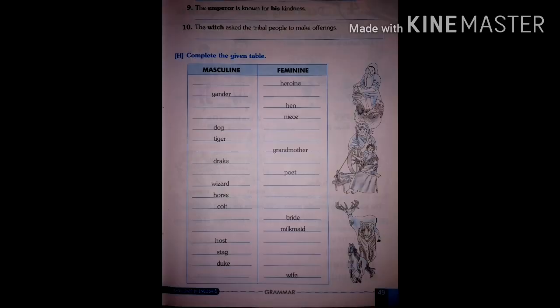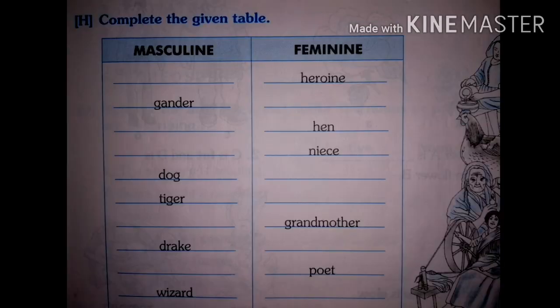Let's do the next activity in your textbook. Complete the given table. Here you can see a table. Left side masculine gender, right side feminine gender. Masculine means male, feminine means female. You need to find out the missing noun. Let's see the first one. Here you can see feminine gender noun is given.